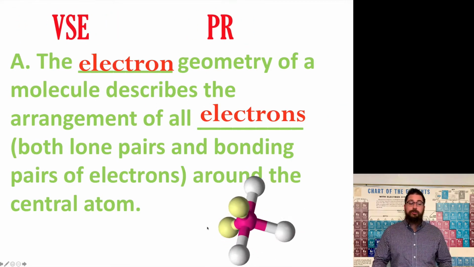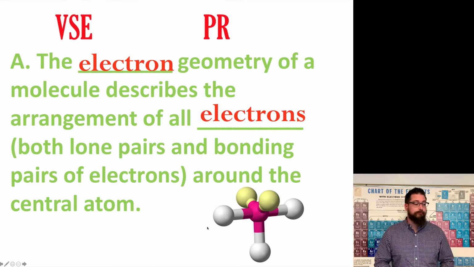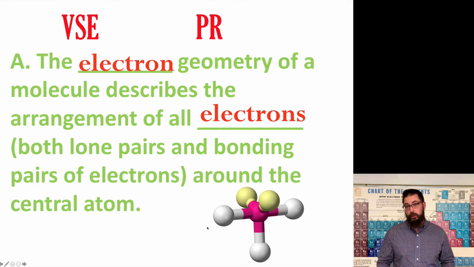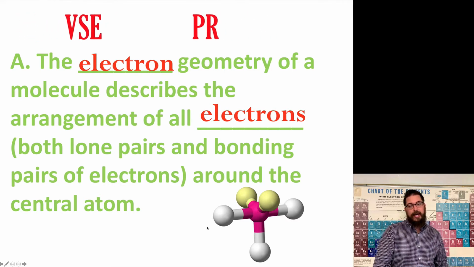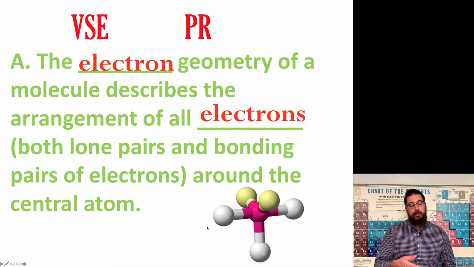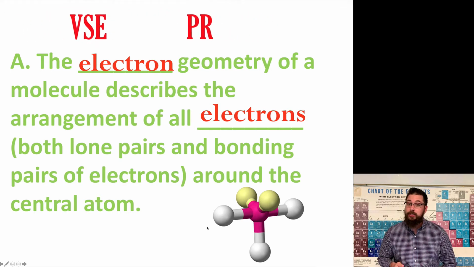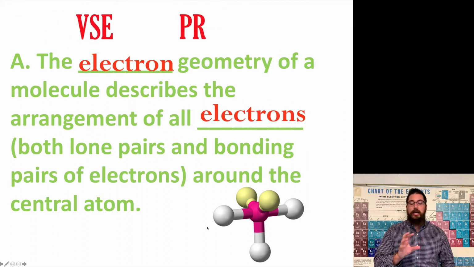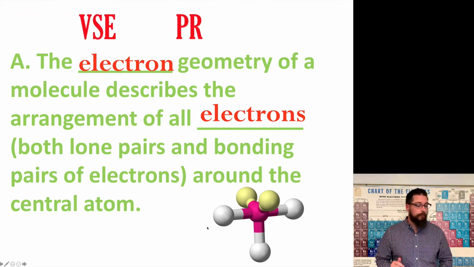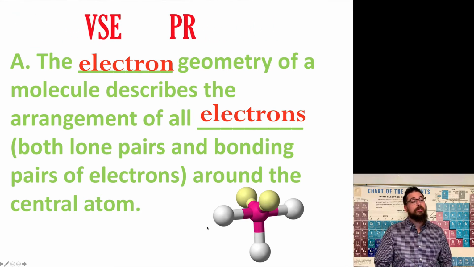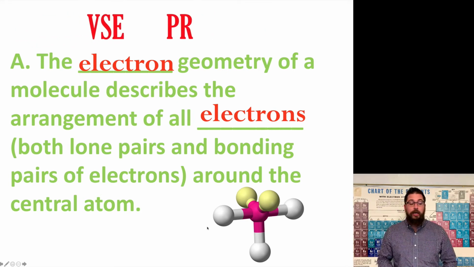The electron geometry of a molecule describes the arrangement of the electrons, not just the atoms, but the electrons themselves. If you take a look at the molecule shape on there, it's called T-shape. You'll see the yellow parts are actually lone pairs, and when we are considering the electron geometry, we consider those as well.